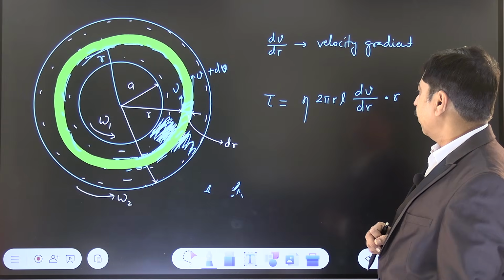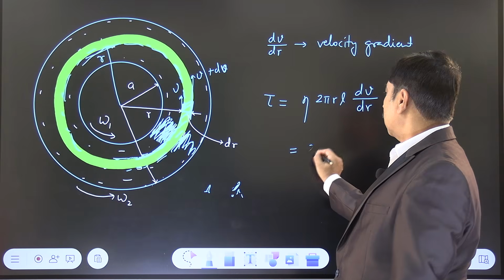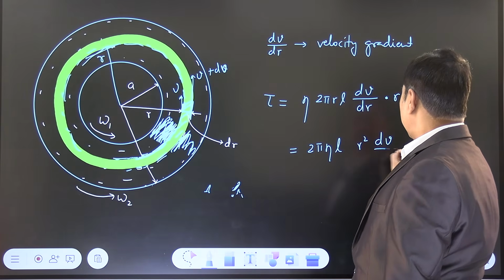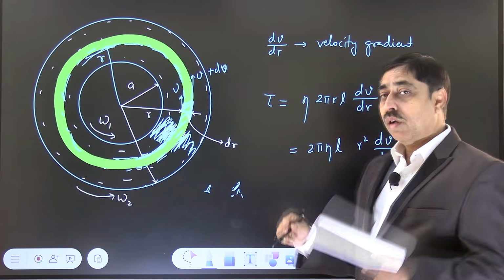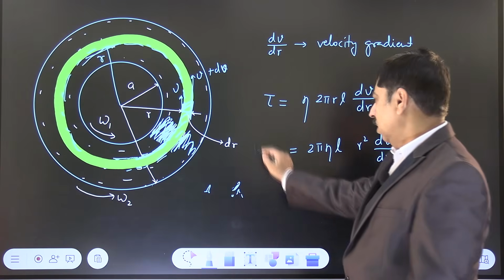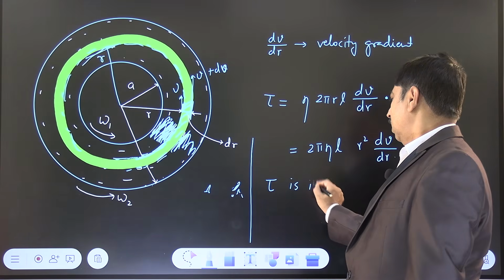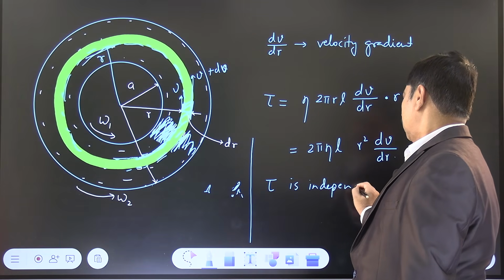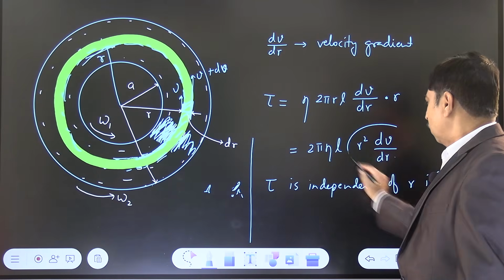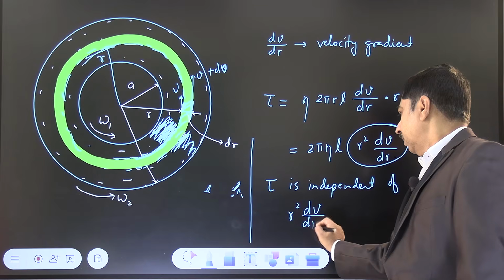Now, what do you want? You want that this torque should not depend on r. How is that possible? That will be possible if this quantity is a constant.